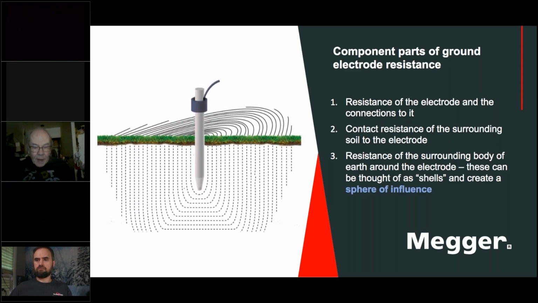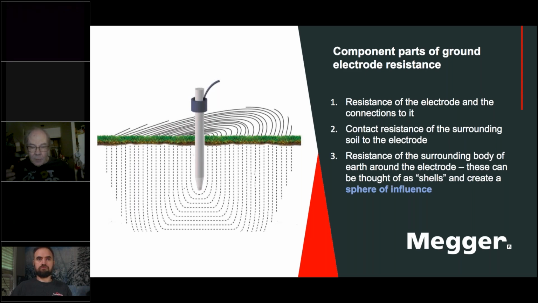It would be ineffective. But what happens is, as the current gets further away from the electrode, it has more and more earth to spread out in. So at some point, there is no additional resistance added. And that point is what you need to know in order to evaluate your grounding system.